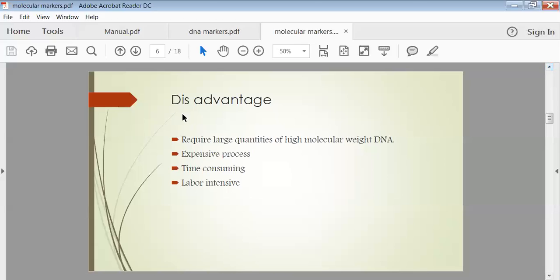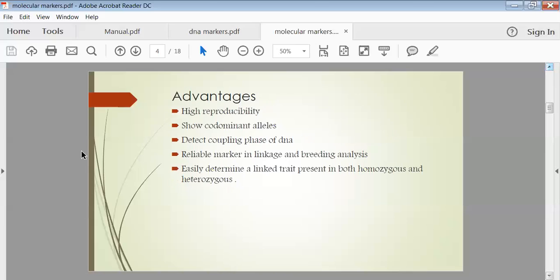Here you can see the disadvantage is mainly that it is labor intensive, time consuming, and an expensive process, meaning all the chemicals and reagents are very costly. Otherwise there are more advantages. It has high reproducibility, meaning the polymorphism detection ability is high.